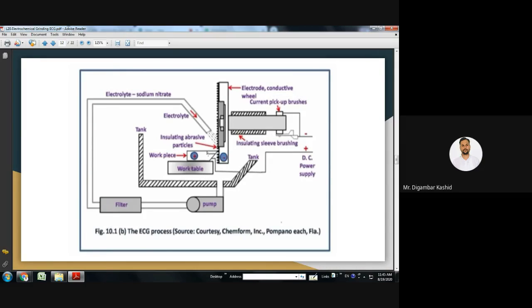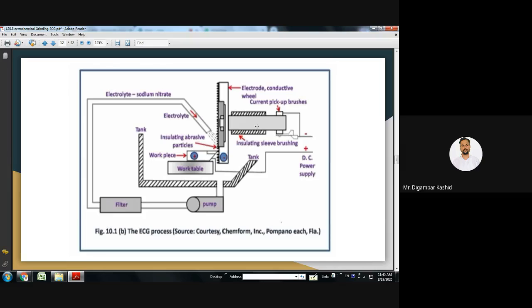The negative terminal of the DC power supply is connected to the grinding wheel, which is a conductive wheel connected on the shaft. It is insulated, sleeve bushings are used, and current pickup brushes are used.